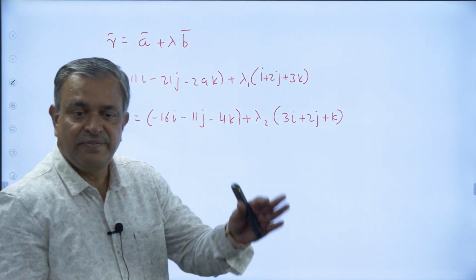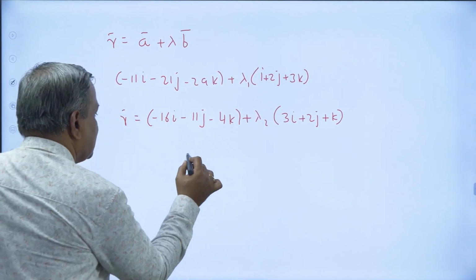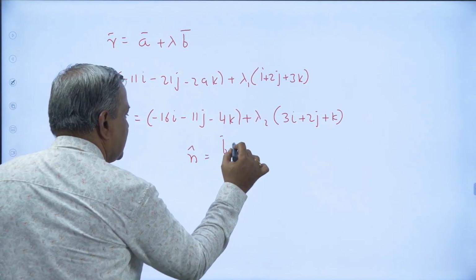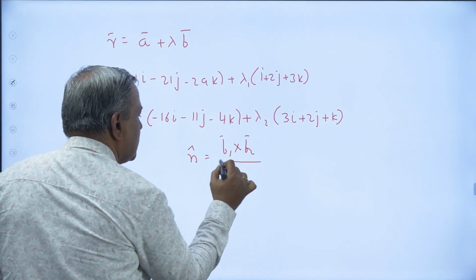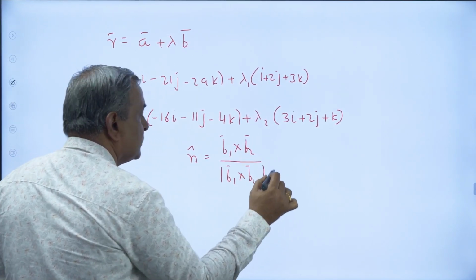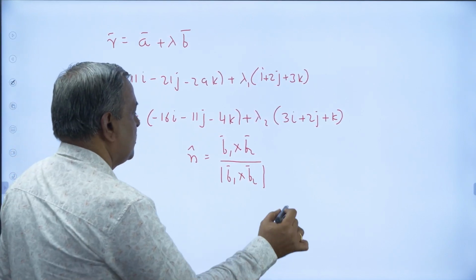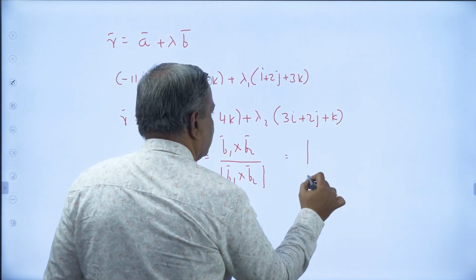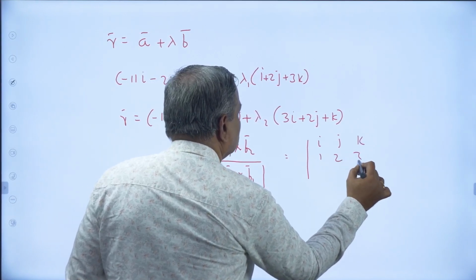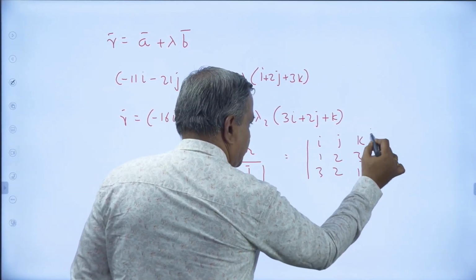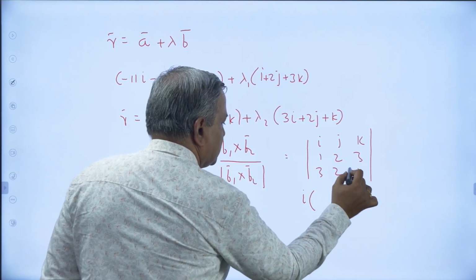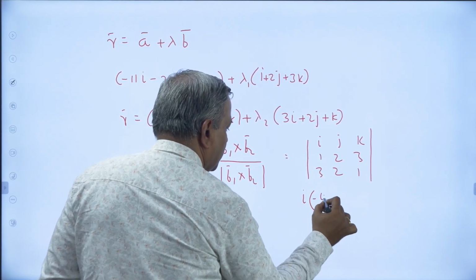So what is the unit vector normal to this? N cap is equal to B1 cross B2 by mod of B1 cross B2. So simple cross product, you have to take it. This is i, j, k, 1, 2, 3, 3, 2, 1. This only takes little time. i, 4 minus 2, 2 minus 6 is minus 4.